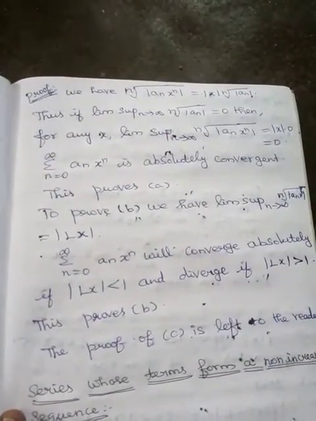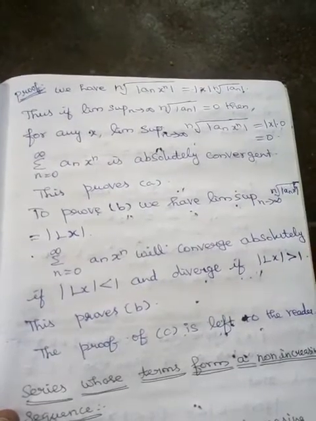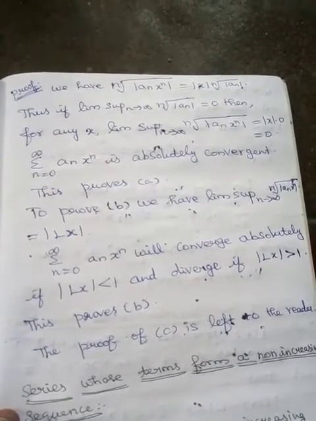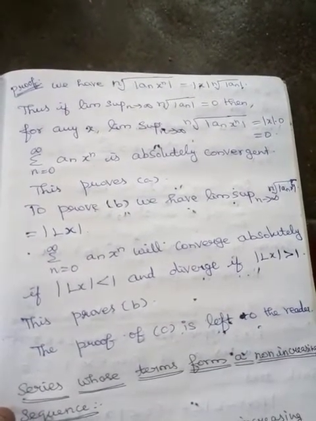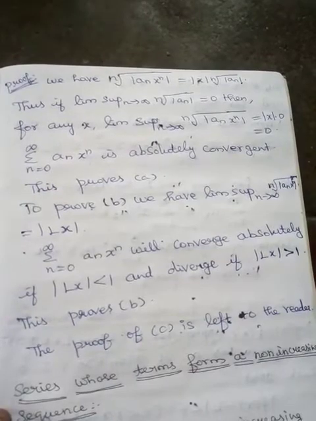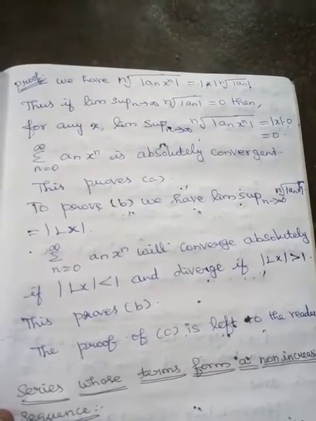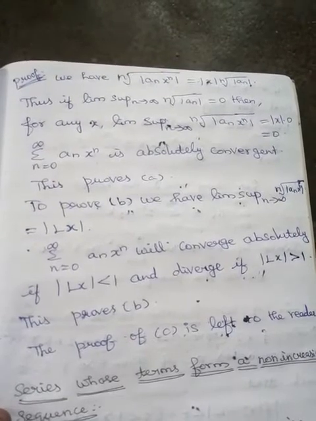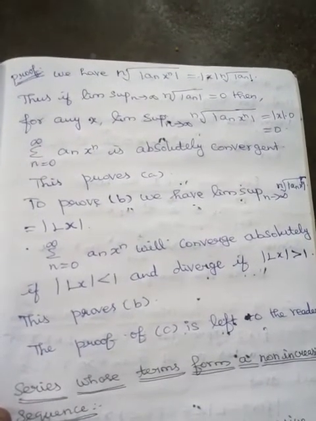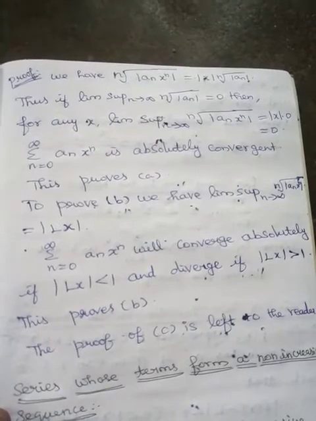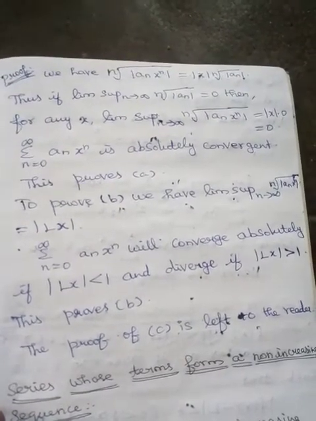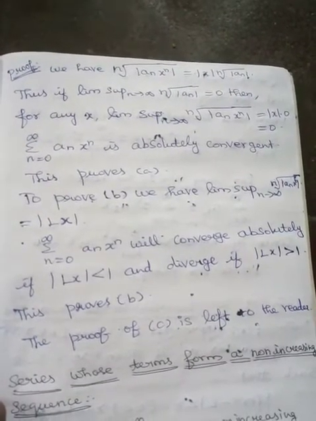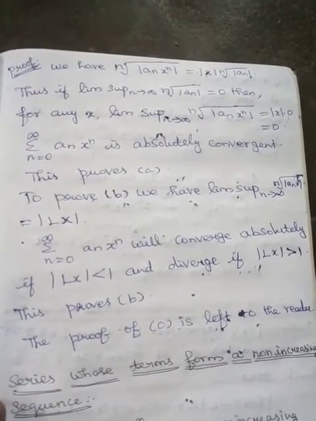Next we have to prove. We have nth root of modulus of an x power n equal to modulus of x into nth root of modulus of an. Thus if limit supremum as n tends to infinity of nth root of modulus of an equals 0, then for any x, limit supremum as n tends to infinity of nth root of modulus of an x power n equals modulus of x into 0, which is equal to 0.